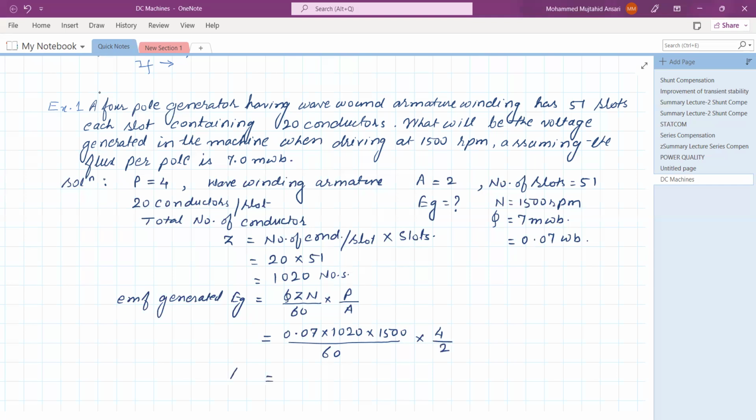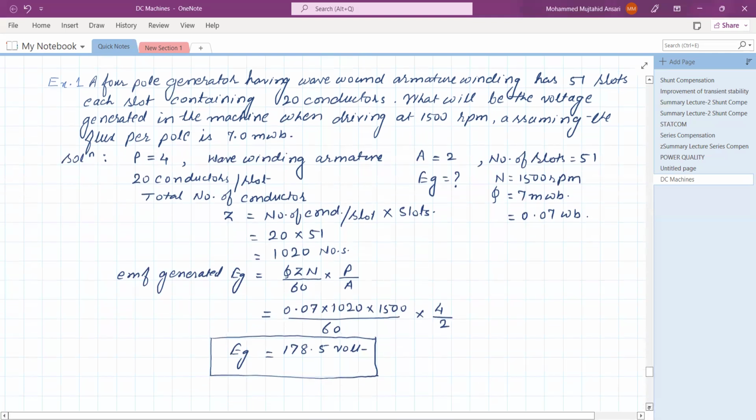So the EMF generated equals 178.5 volt. So this is the answer. So this is one numerical.